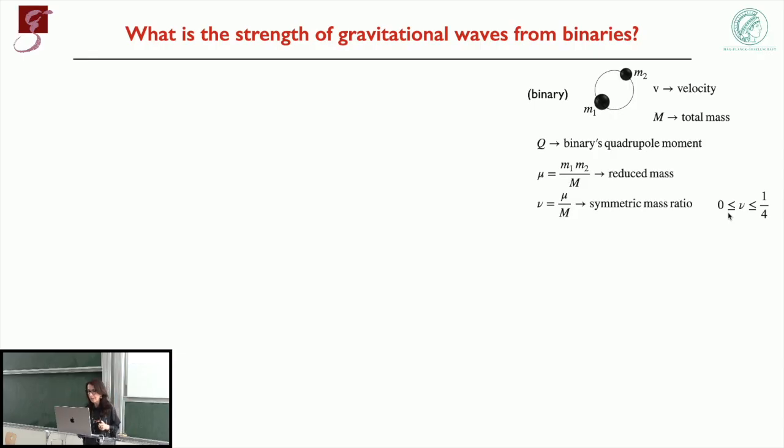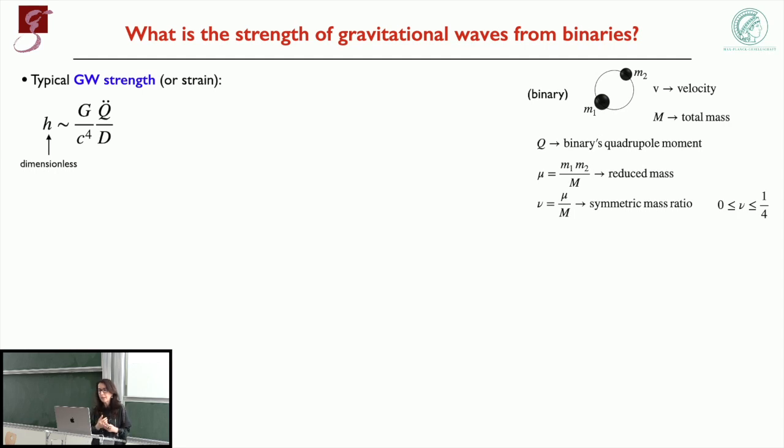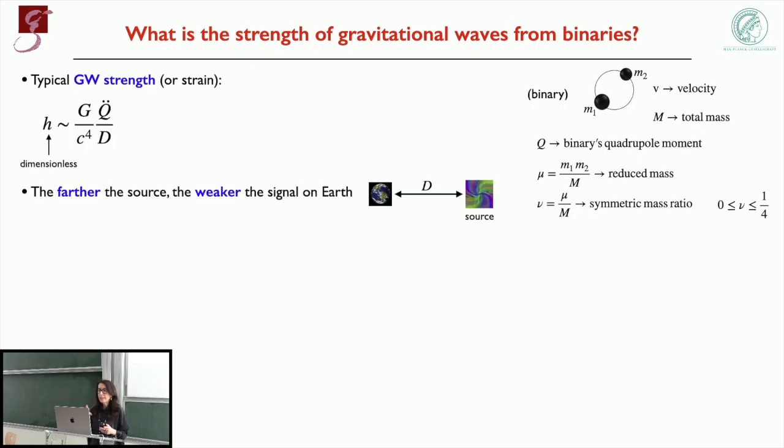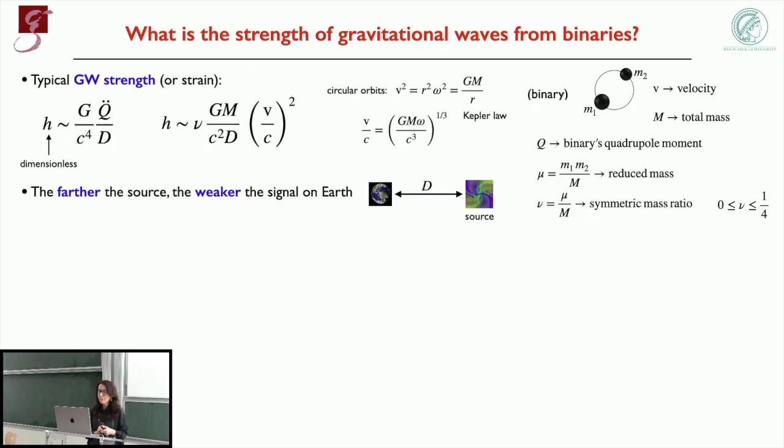So what we learned from the paper of Einstein is that the strain h, which is actually a tensor, has indices, but I removed the indices just for simplicity, is a dimensionless quantity. It depends on the second derivative in time of the quadrupole. D is the distance to the source.